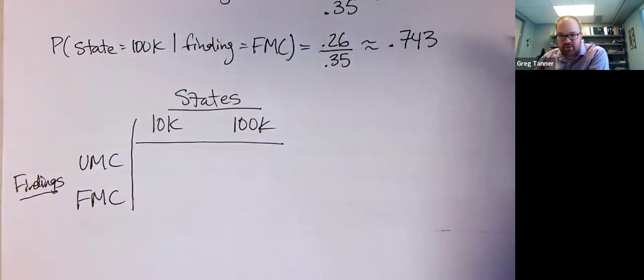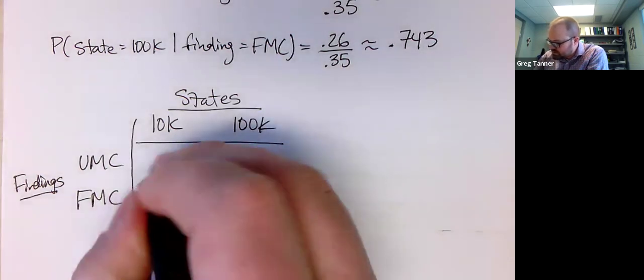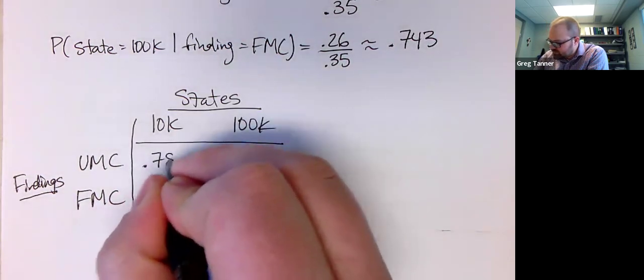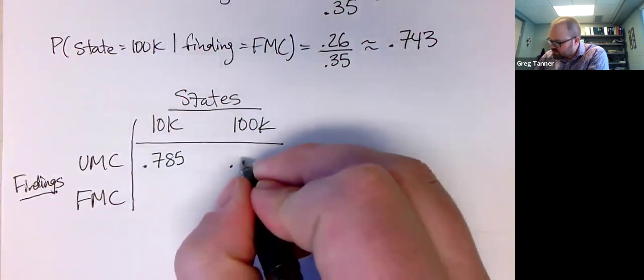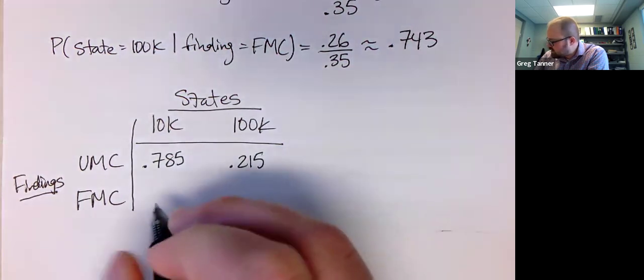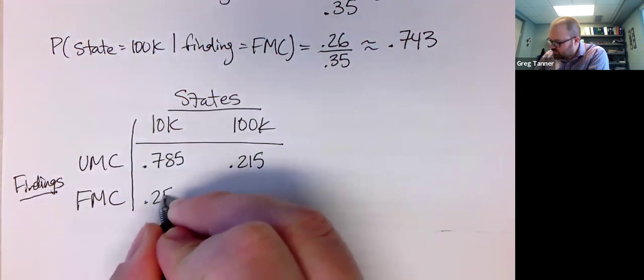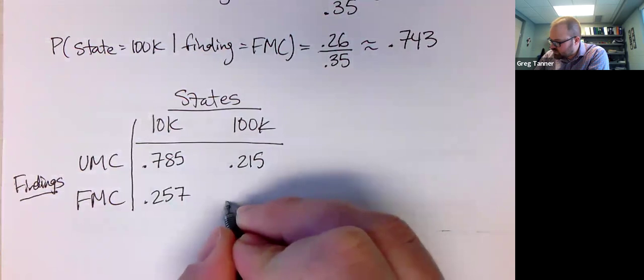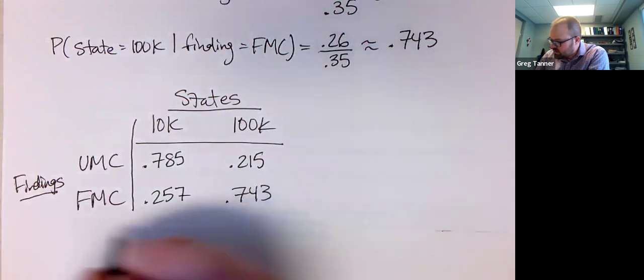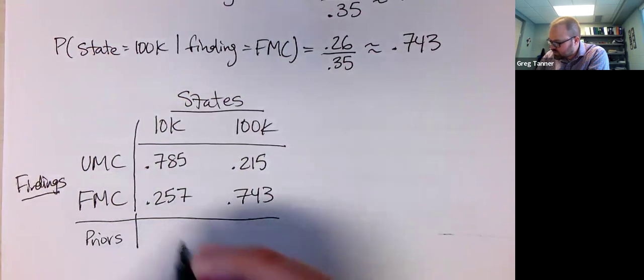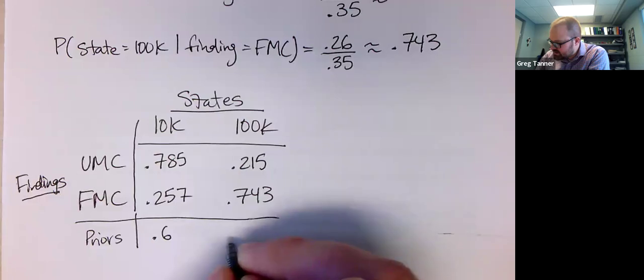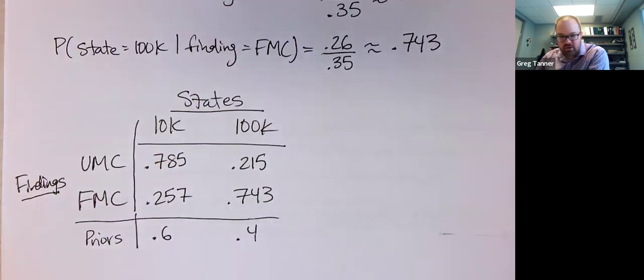And let's put the values that we computed into this table. So this is 0.785 versus 0.215. And this is 0.257 versus 0.743. And what I'll put down here is just our priors, which were 0.6 and 0.4.